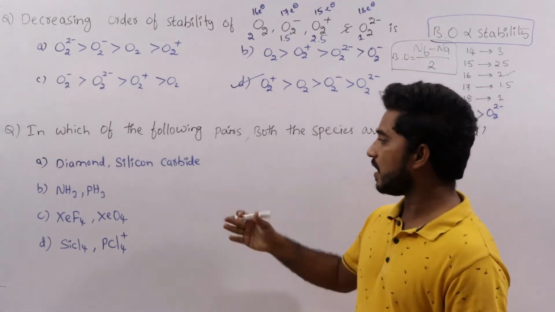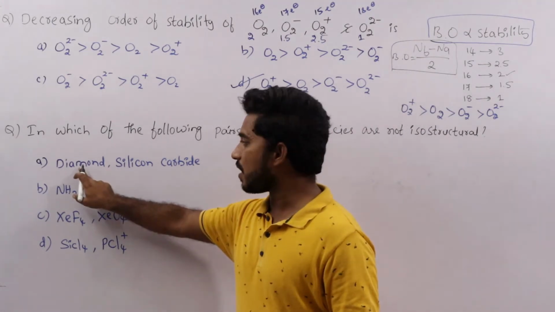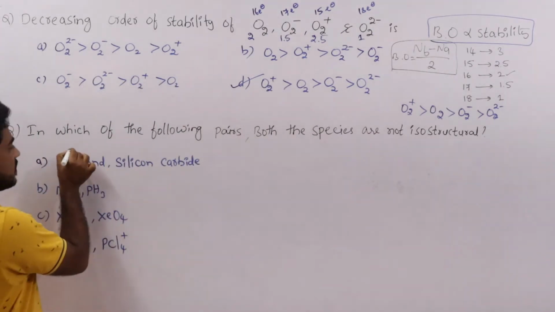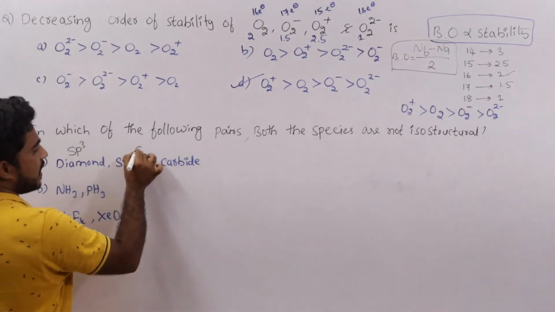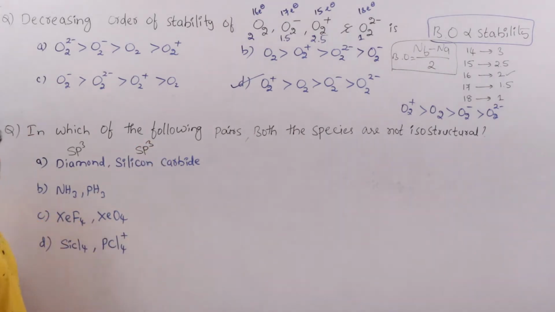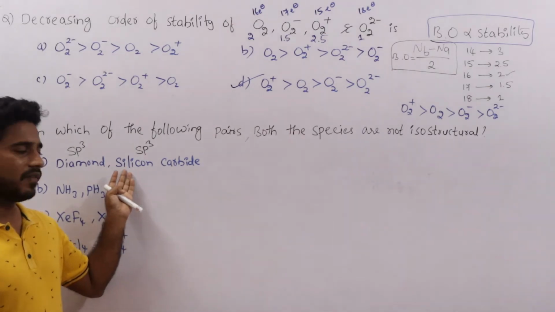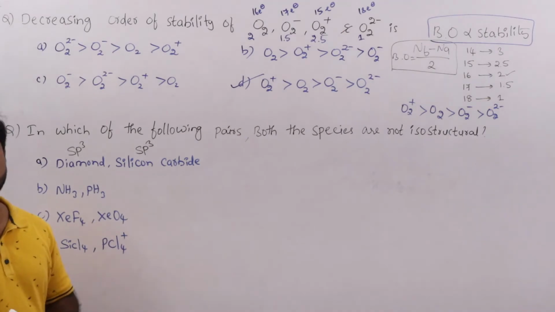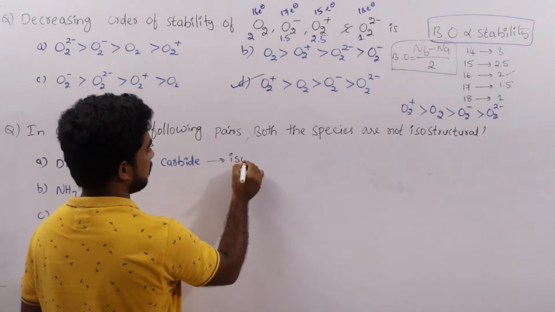In diamond and silicon carbide, carbon atoms with sp3 hybridization are there. In silicon carbide also, the central atom has sp3 hybridization. When both have the same hybridization with the same number of bond pairs, they are isostructural. That's why diamond and silicon carbide are isostructural.